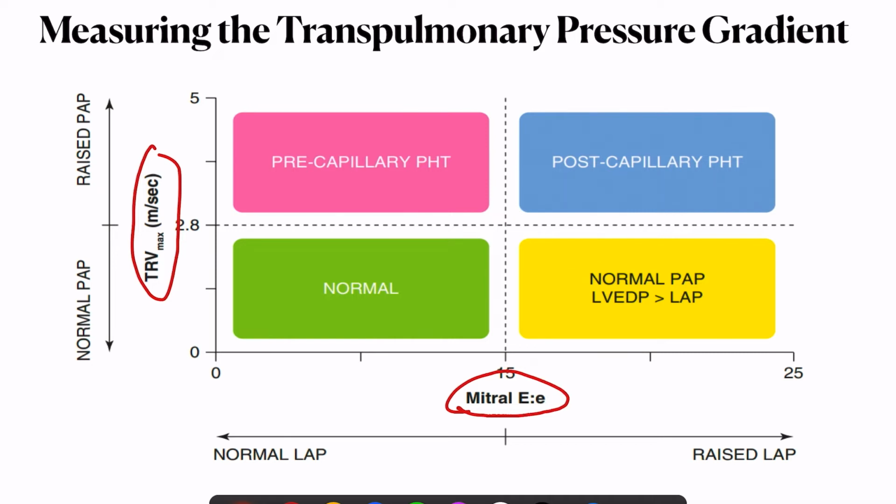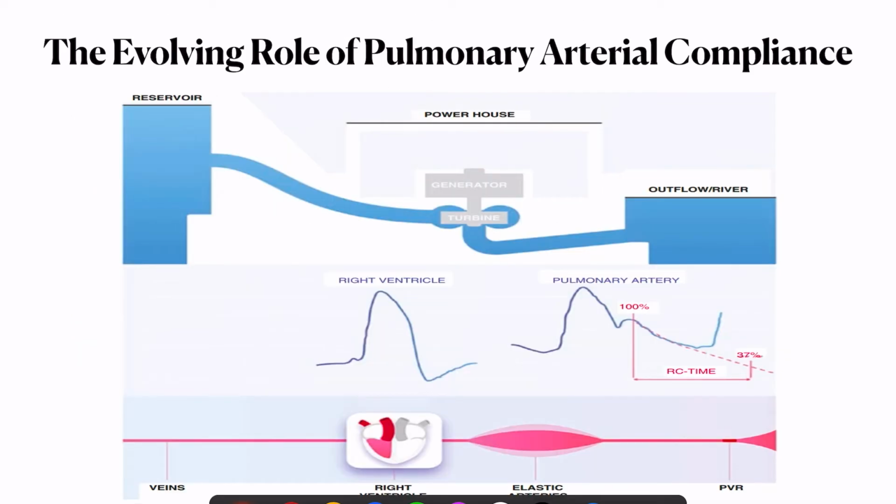And if the pulmonary artery pressure is also affected because of it, it is called the post-capillary pulmonary hypertension. If all the values are low, it is considered normal. However, if there is a normal left atrial pressure and elevated pulmonary artery pressure, it is the precapillary hypertension.